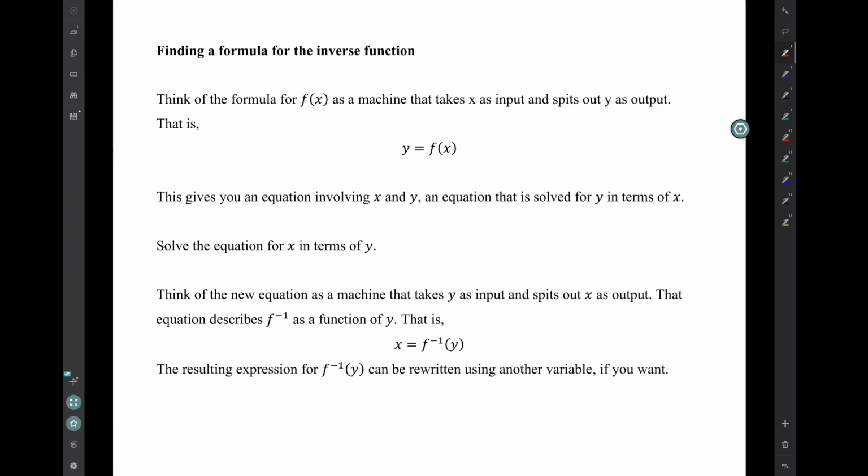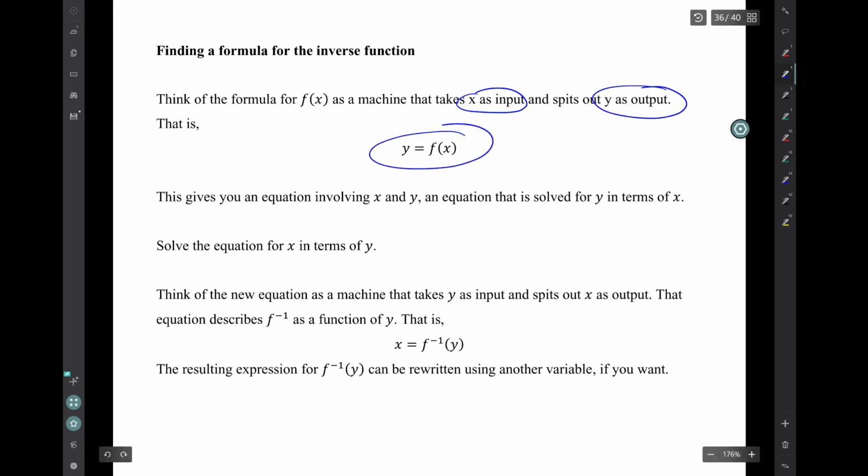Now, how do you find a formula for the inverse function? Well, think of the formula for f of x as a machine that takes x as input and spits out y as output. That is, y equals f of x. This gives you an equation involving x and y, an equation that's solved for y in terms of x. So what you can do is solve the equation for x in terms of y.